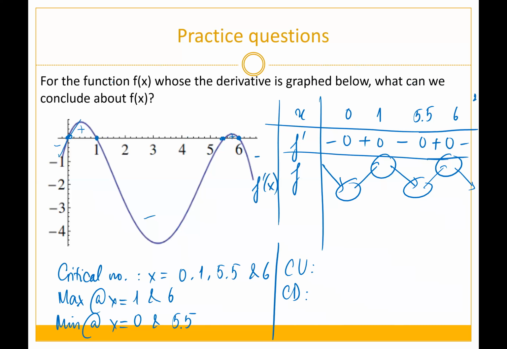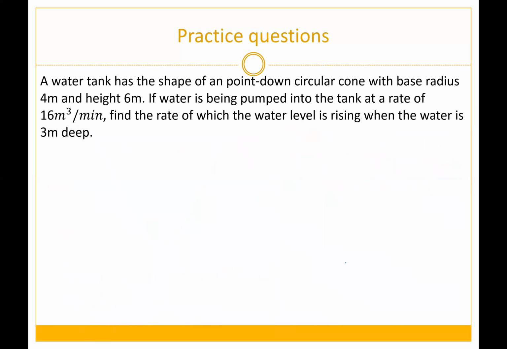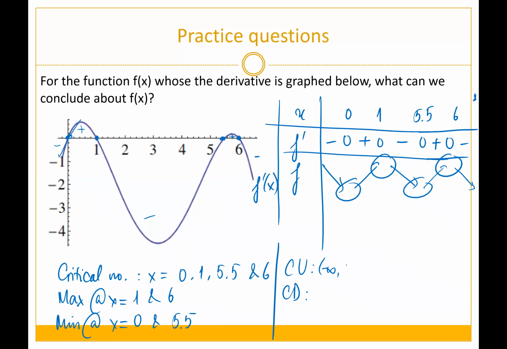So you're going to have from maybe negative infinity to 1/2. Then you have increasing again from 3 to 5.75. And then you have decreasing from 1/2 to 3.